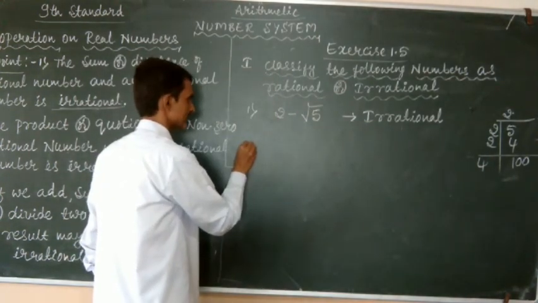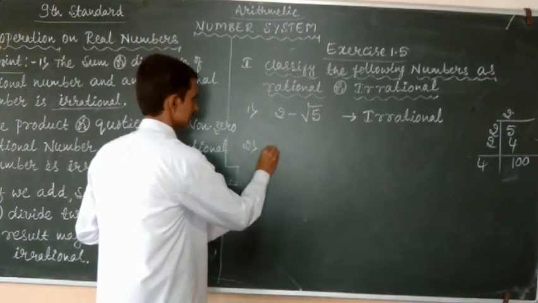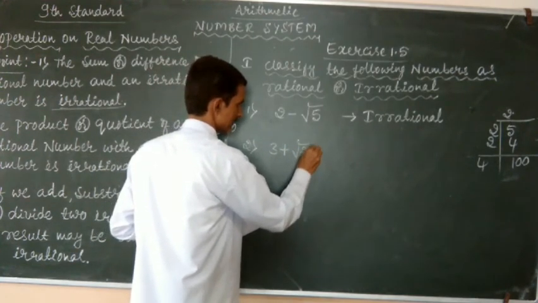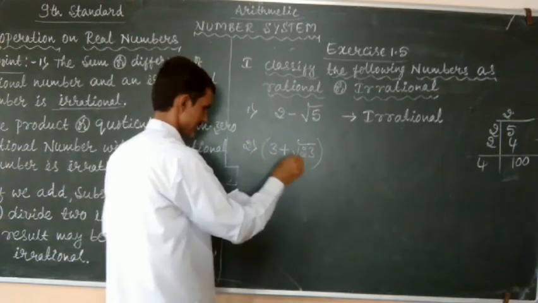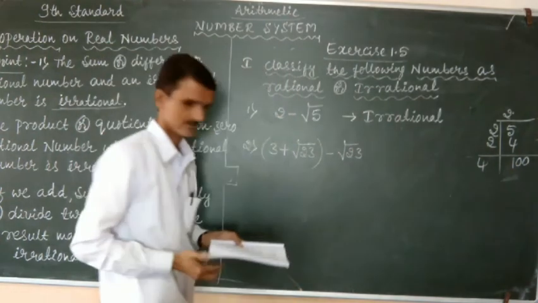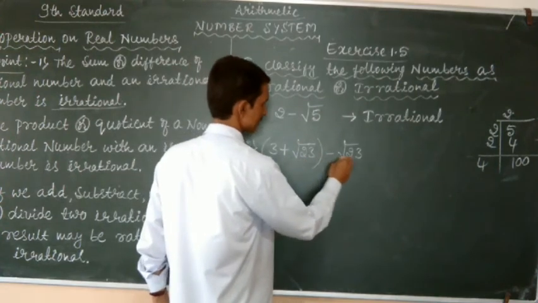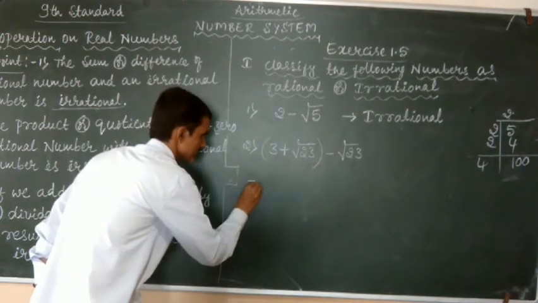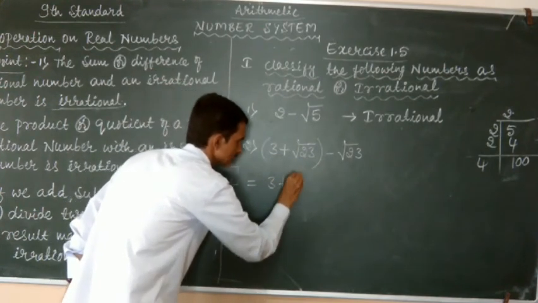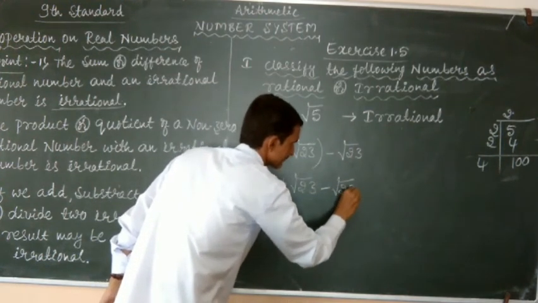In the second problem, 3 plus root 23 minus root 23. Observe this problem. Simplify, so remove the bracket. 3 plus root 23 minus root 23.